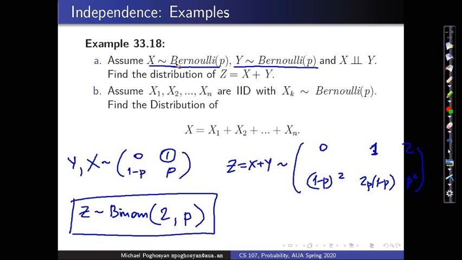So if we are adding two independent Bernoulli p random variables, we are obtaining binomial 2, p.